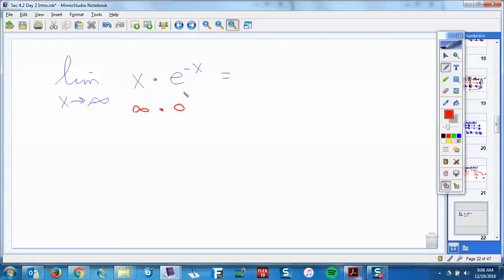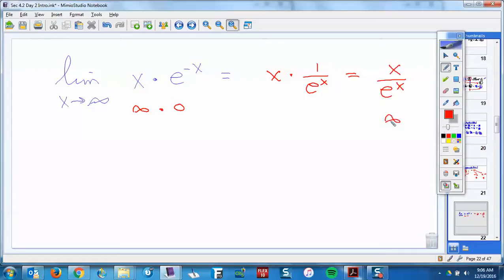Well, 1 over x would, but e to the negative x, isn't that the same as 1 over e to the x? Right? So the easy one to me would be x over e to the x. Isn't that the same thing?